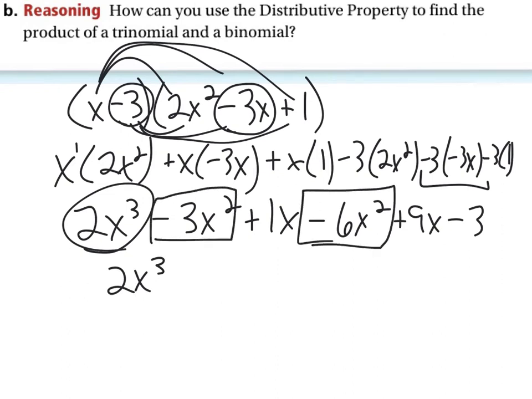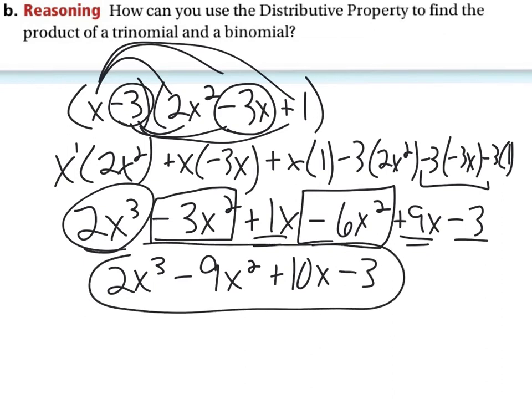Make sure you include the signs when you're looking at these. X squared, we've got -9x squared. And then we've got plus 10x and minus 3. And again, if you did it the way the book did, you should come up with the same answer.